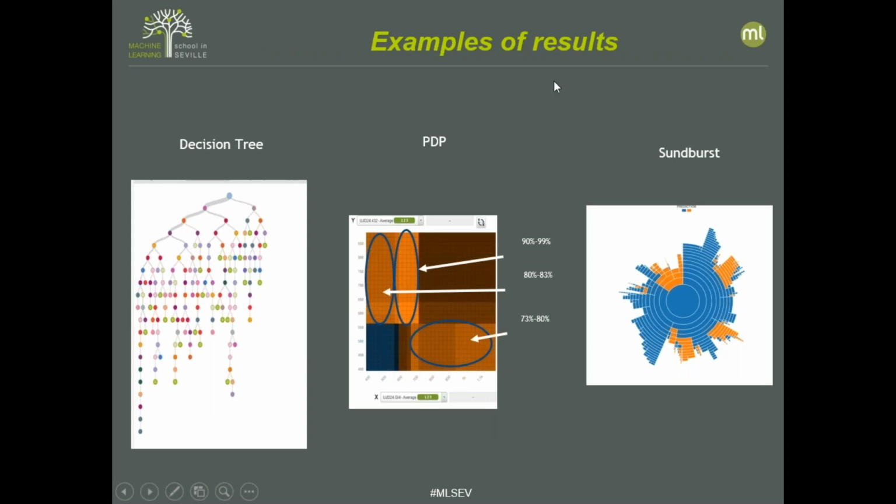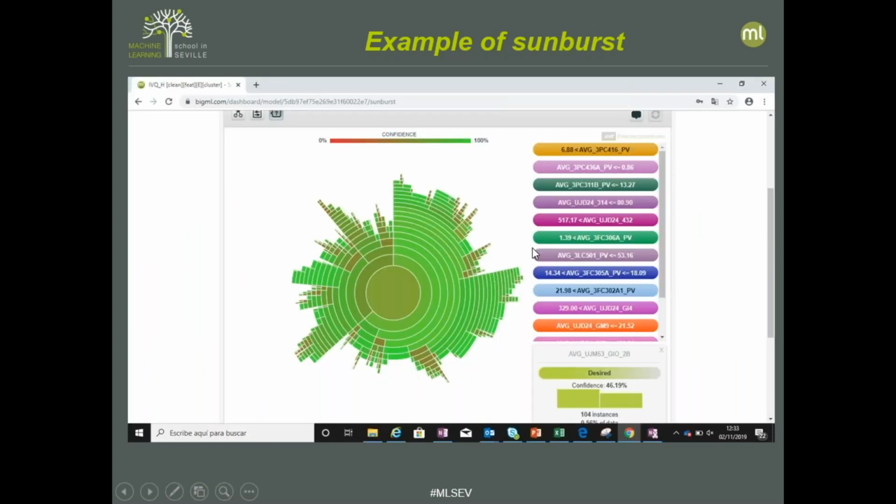We evaluated the model. As you can see, there are different types: the decision tree, there is a PDP, and there is a sunburst that is a top view of this decision tree. We prefer to use the PDP in our case in order to evaluate the percentage of successfulness that we might have by changing the variables, as I will explain now.